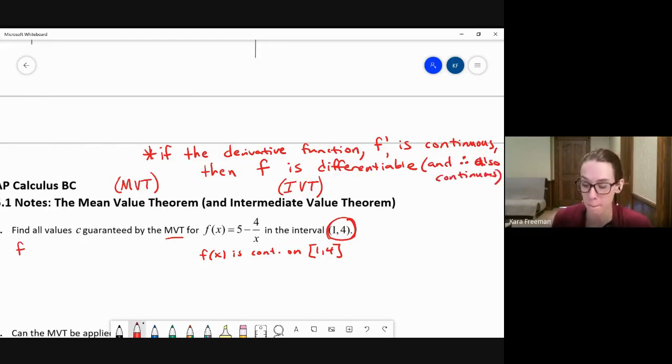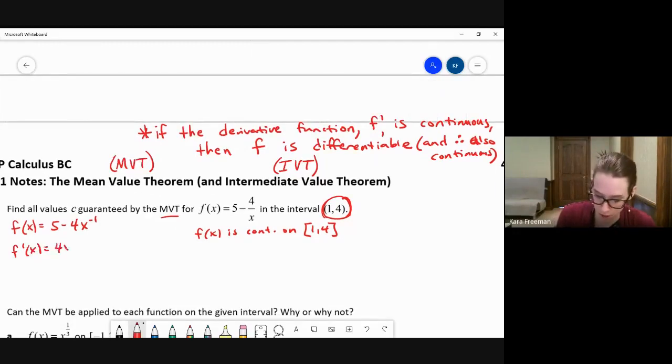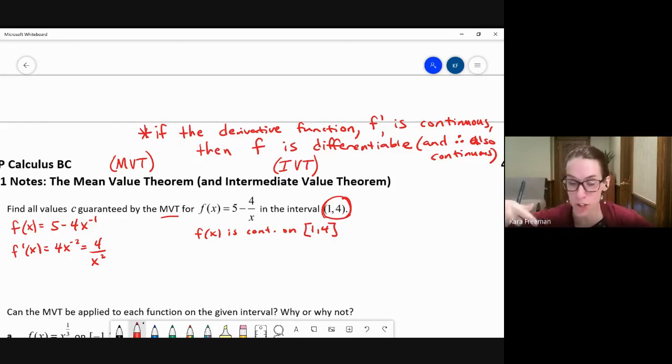Okay. So now I'm going to find f prime. F of x we can rewrite as 4 times x to the negative 1. Now let's take that derivative. It's going to be negative 4x to the negative 2, or negative 4 over x squared. So if that function is continuous on the interval, that means f is differentiable on the interval.